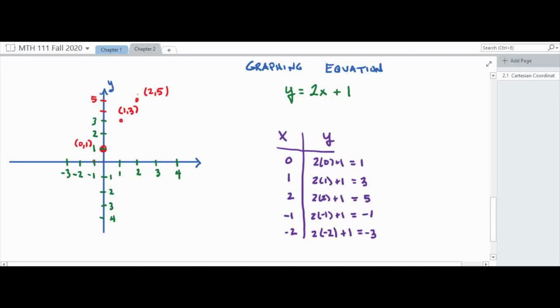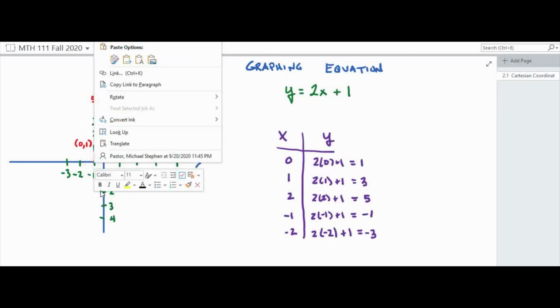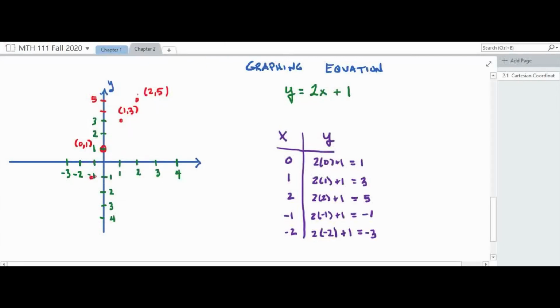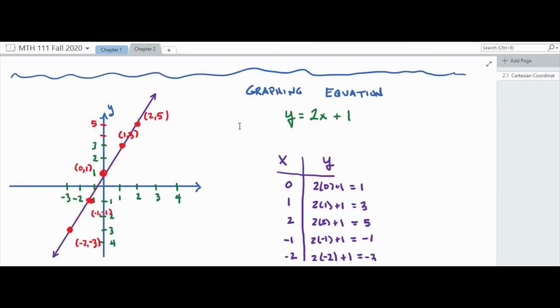So got to go to the -1 here. y is minus 1, x is minus 2, y is minus 3. Notice all these points fall on a line, and that's because this is an equation of a line. It's no surprise that that happens.